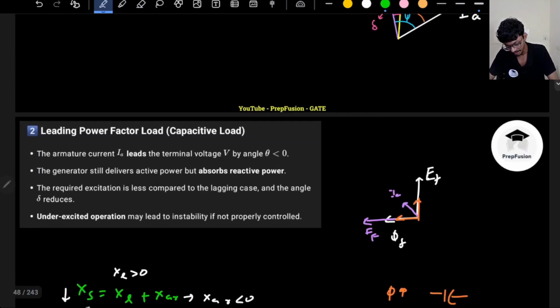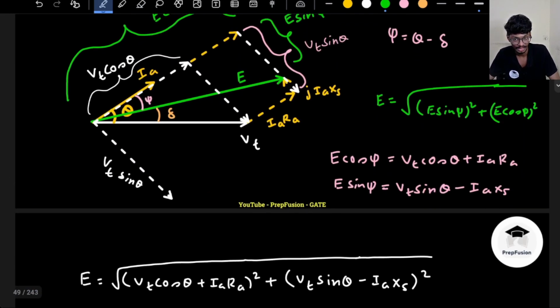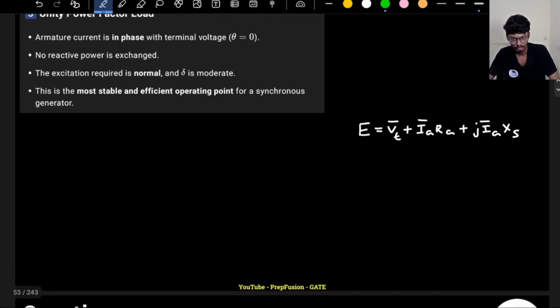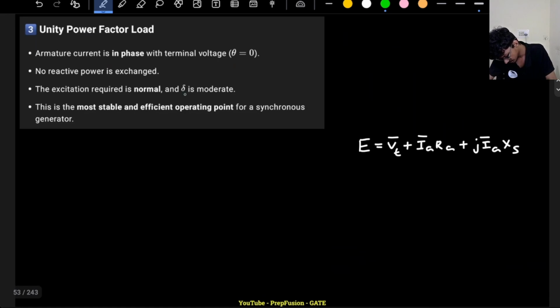In case of leading loads, the synchronous reactance will actually reduce due to the armature reaction having capacitive behavior. In case of unity power factor, the synchronous reactance value will be moderate.